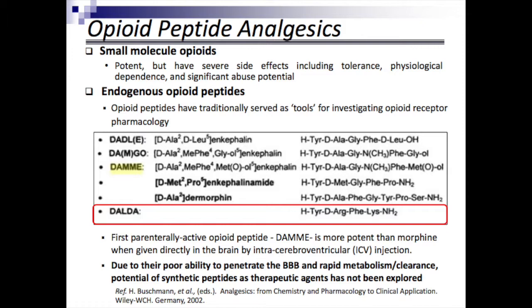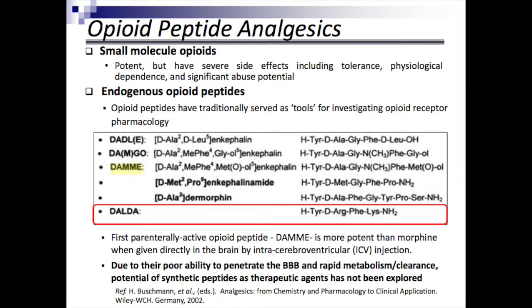There is a high degree of abuse potential, and obviously there is a huge need to develop molecules that still have the potency of the opioids, but not necessarily the abuse potential of small molecule opioids. So that's another reason why we were so interested in developing these opioid peptides as therapeutic agents.